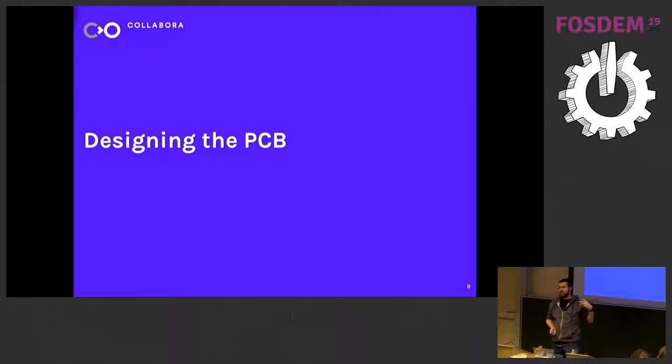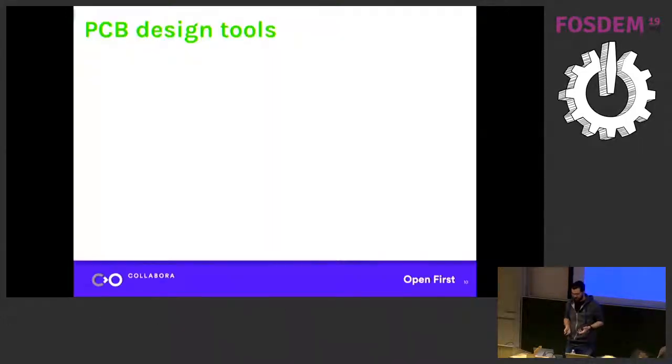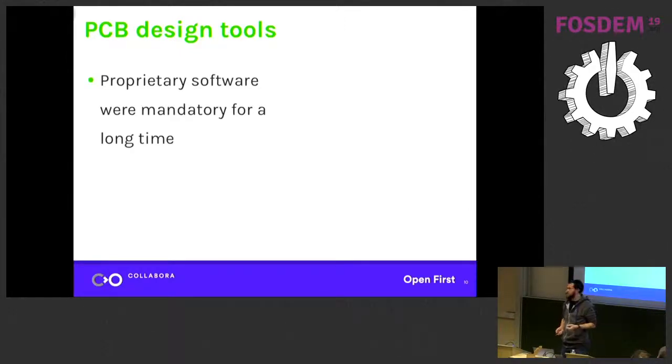Once you get to the point where your hardware design is validated, you can finally design the PCB itself. So for a long time, you were only able to use proprietary software for real-world projects. You had already open source software, but in my opinion, most of the time you couldn't use it to build a project from the ground up and get to the manufacturing.